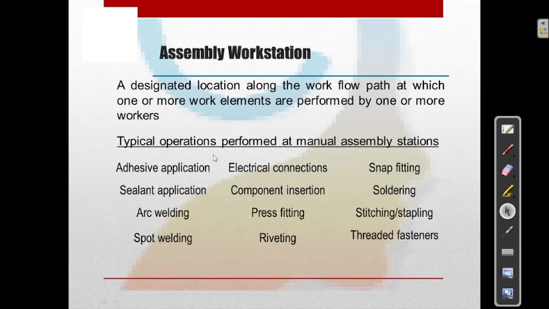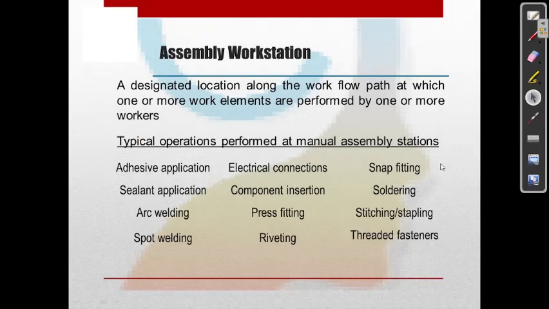The assembly workstation is the designated location along the work path at which one or more work elements are performed by one or more workers. The typical operations performed at manual assembly stations are these: electrical connections and snap fitting, sealant applications, component insertion, soldering, arc welding, press welding, stapling, spot welding, riveting, thread fastening.